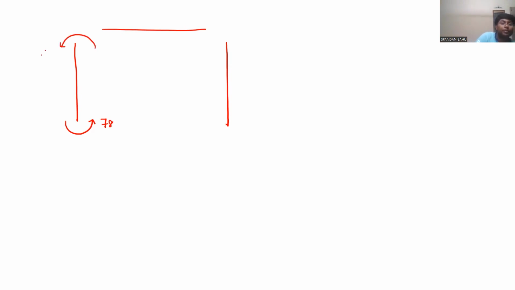Now you got, for the sway case, this is minus 78. So minus 78 will be like this, and after that you got minus 56. Minus 56 also will be anti-clockwise, this will be 56.09.